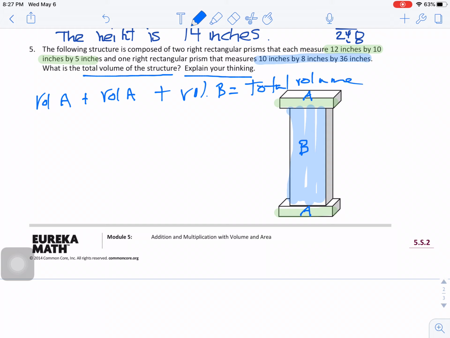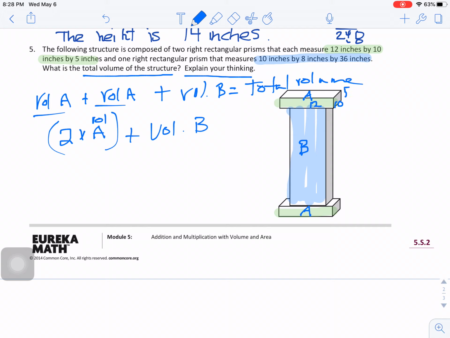Okay? Now, another way of looking at that, because these are identical, I might say 2 times the volume of A, plus the volume of B. Okay, so that's my thinking. And now I have to figure this out. So I'm going to label the dimensions. On structure A it's 12 by 10 by 5.